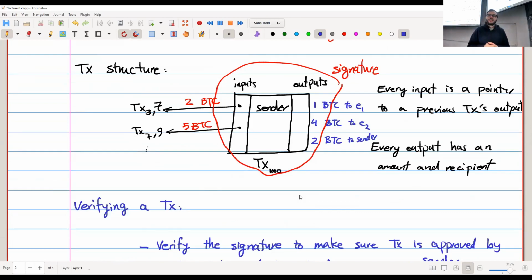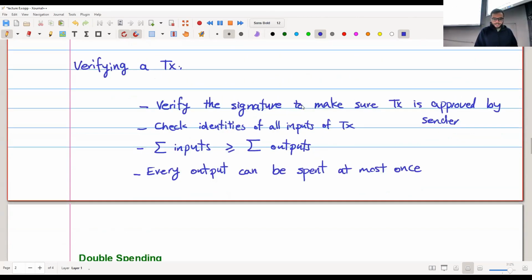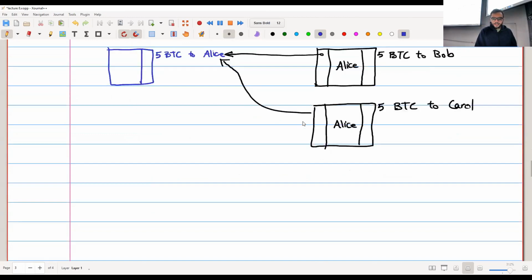We don't have too much latency. Hopefully after 5 minutes, everyone knows about the transaction, right? And then I can say everyone knows about all the transactions that happened in the past. So everyone has the history of all the transactions. So everyone on the network can do all of these checks and we can be happy.